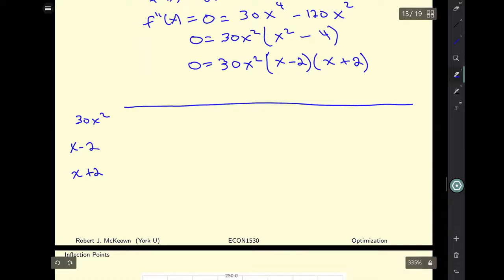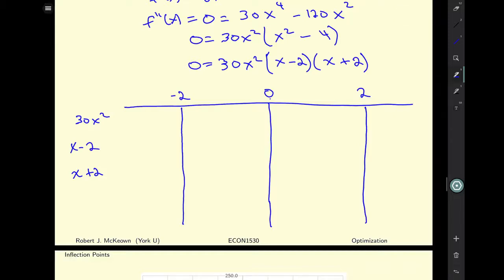So I can write 0 right here. Put a line all the way down. And I've got a negative 2 and a positive 2. If x takes on any of these three values, then our second derivative is going to be equal to 0. And this goes all the way down to negative infinity, and this goes all the way off to positive infinity.